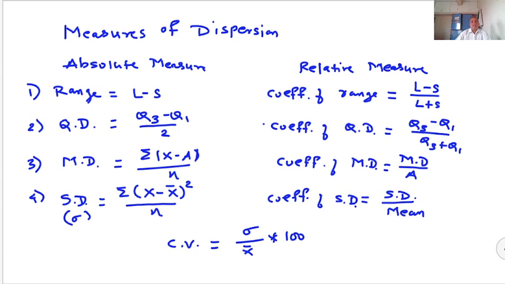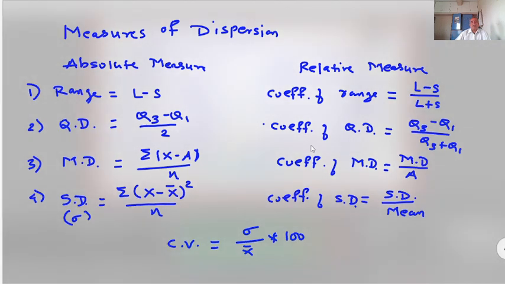So quartile deviation is Q3 minus Q1 divided by 2. Its corresponding relative measure, the coefficient of quartile deviation, is equal to Q3 minus Q1 divided by Q3 plus Q1.